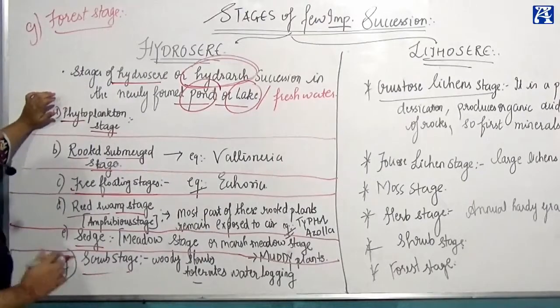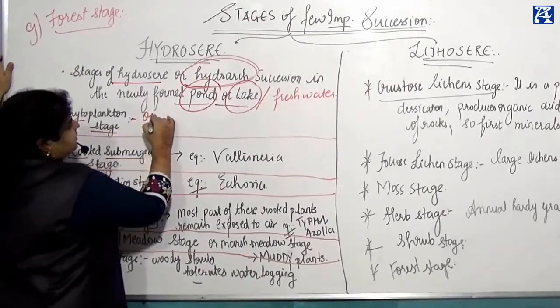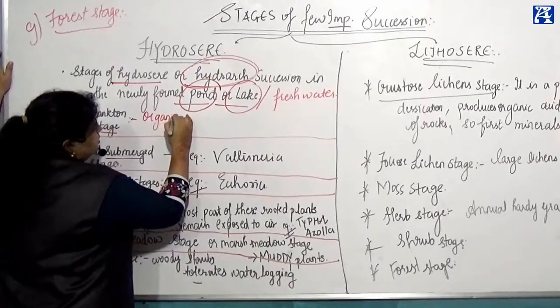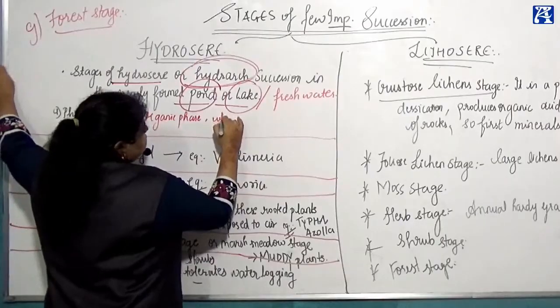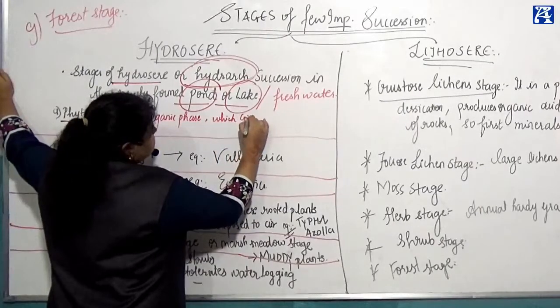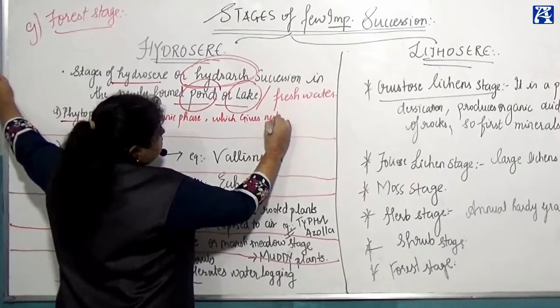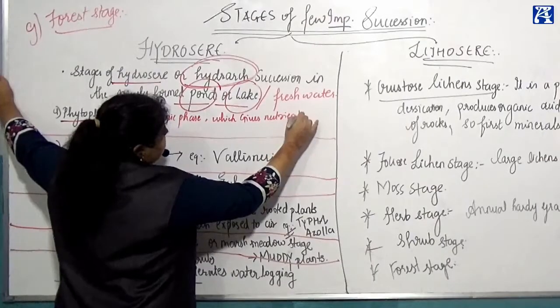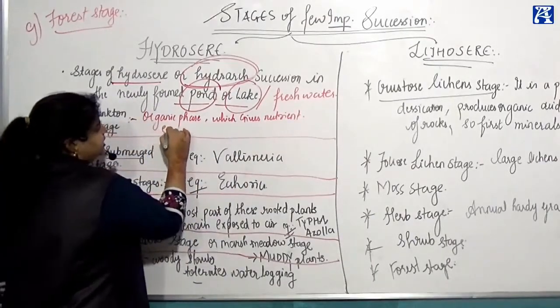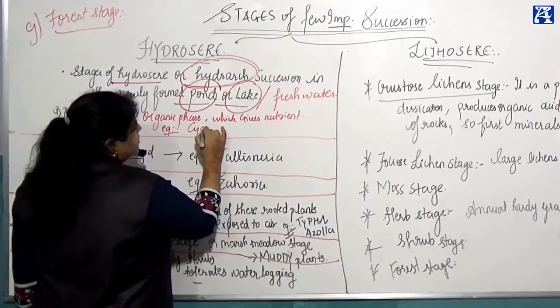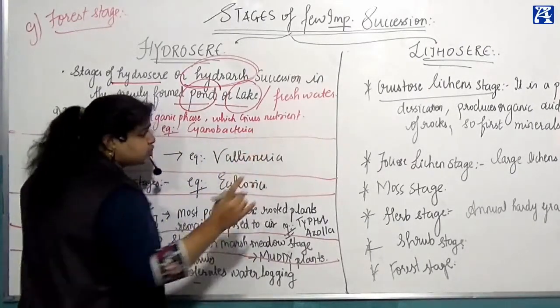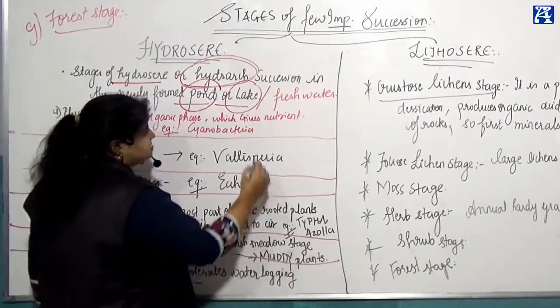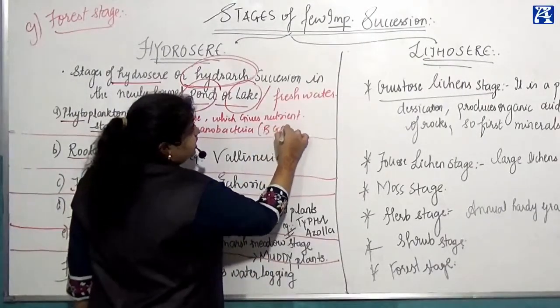The first stage is the phytoplankton stage. Phytoplankton stage is the organic phase which gives nutrient. And a very good example of it is cyanobacteria. Cyanobacteria, which is also called, come on, tell me fast, this everyone knows, BGA.